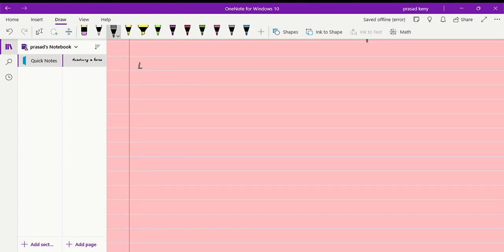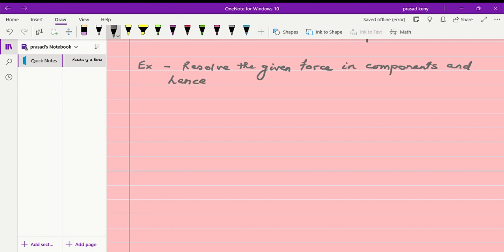So example, resolve the given force in components and hence express the force F in Pi plus Qj Newton form.